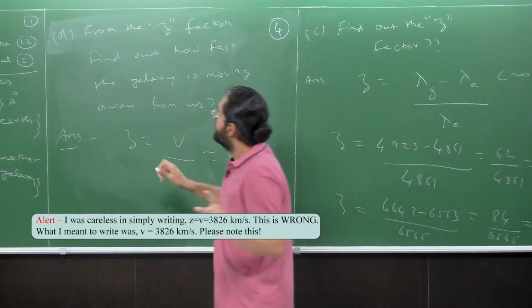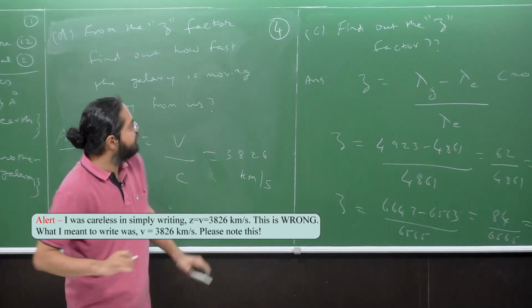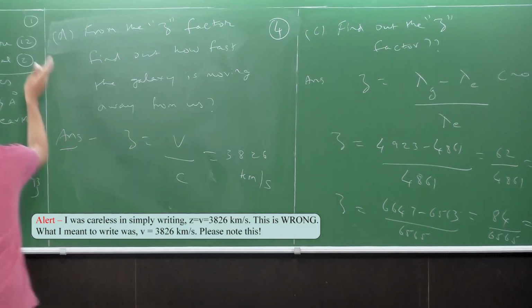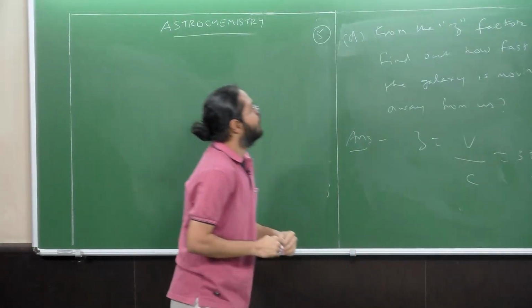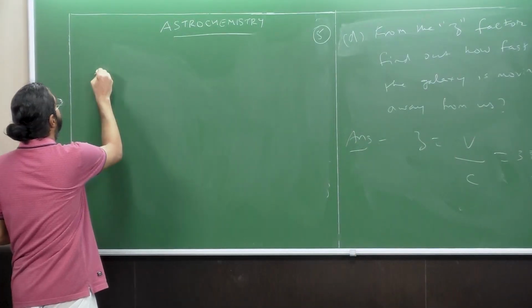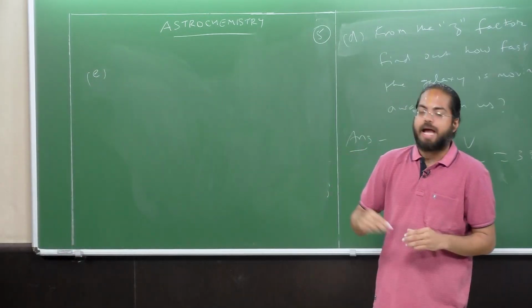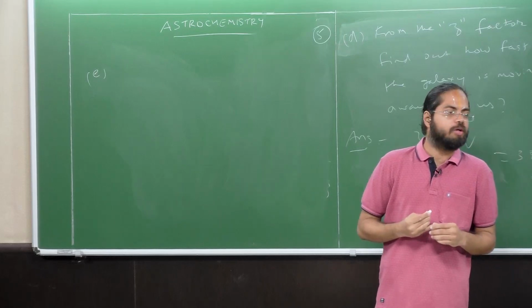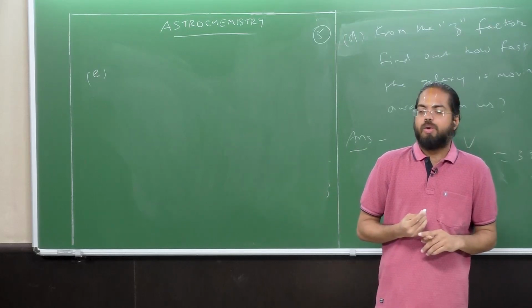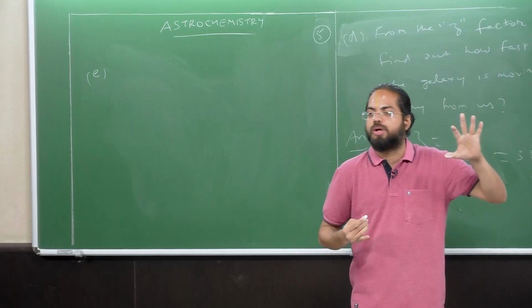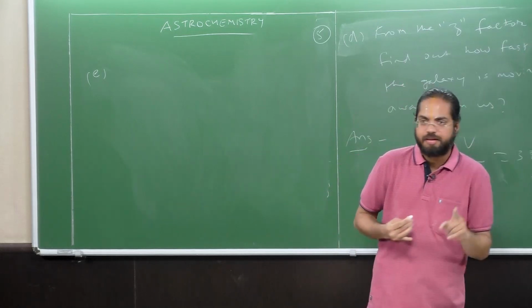Now, one last point. We no longer need the data, so I will make this page number 5. So, the question is, normally, when we talk about starlight coming from a distant galaxy, we talk about these galaxies moving and all that. We have to, in some way or the other, include ideas of relativity, correct?